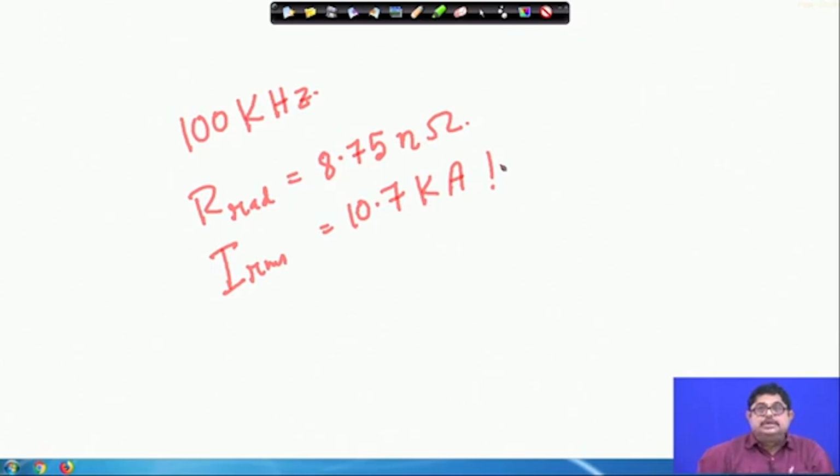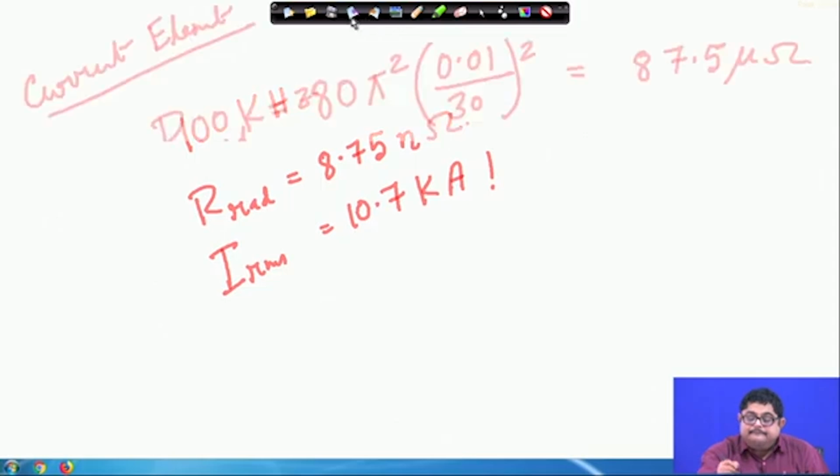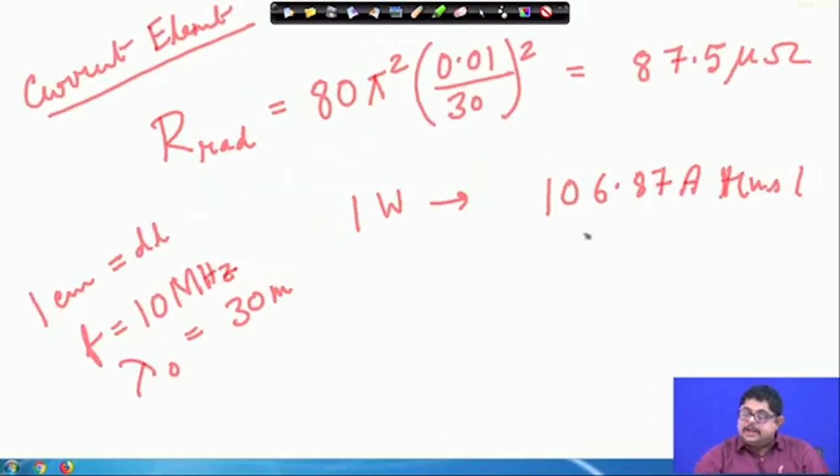But this exercise showed us one more thing. In the previous case it was also inefficient, but in the next case it became much more inefficient. I have just decreased the frequency, that means I increased the lambda.